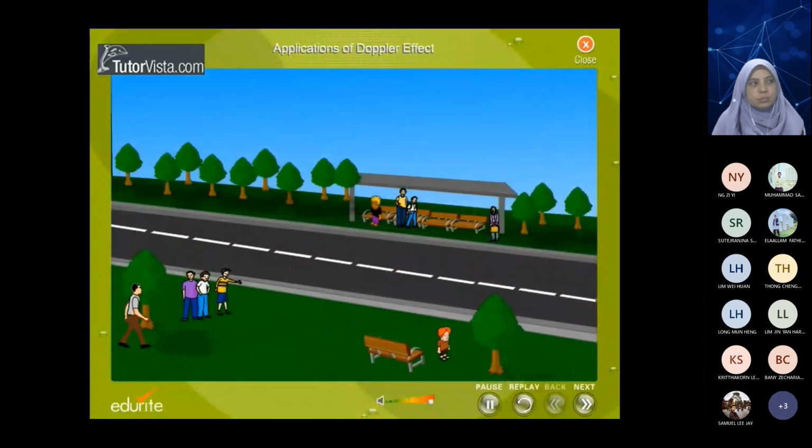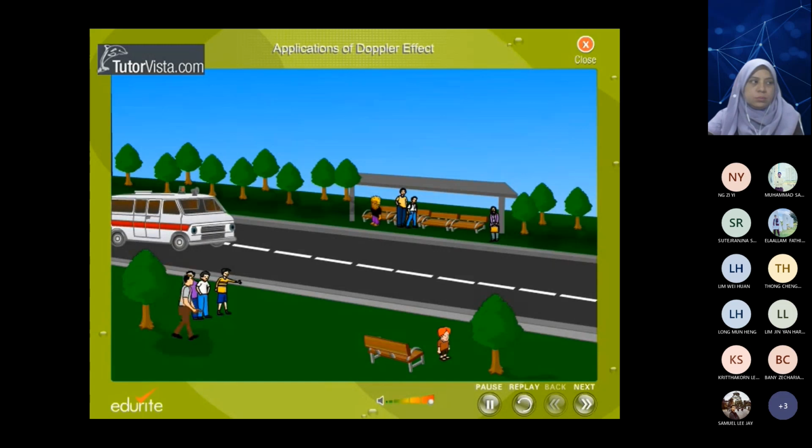There is a similar apparent change in the pitch of the sound heard when the source of sound is at rest and the listener moves towards or away from the source.